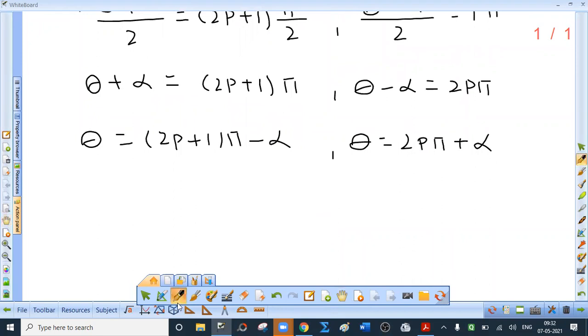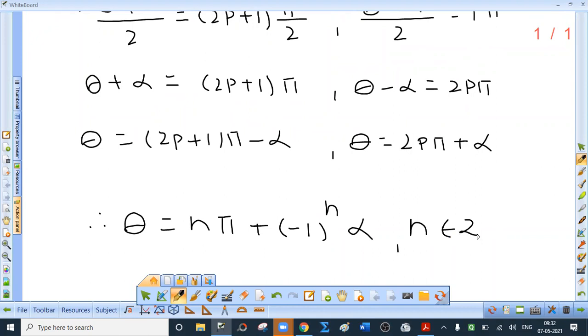And say that theta is nothing but n pi plus minus 1 raised to n alpha, where n is an integer. You can verify. Suppose n is odd, then minus 1 raised to odd is minus 1. Yes, it is minus alpha.